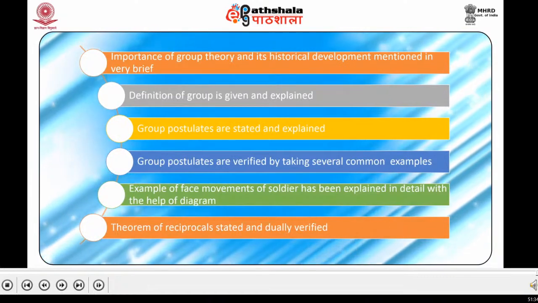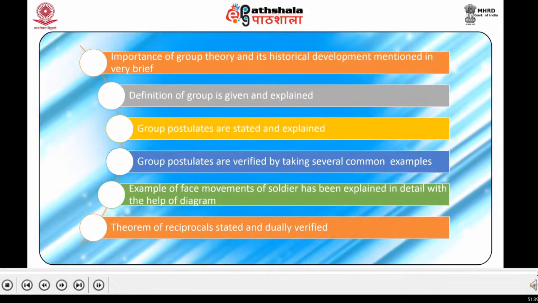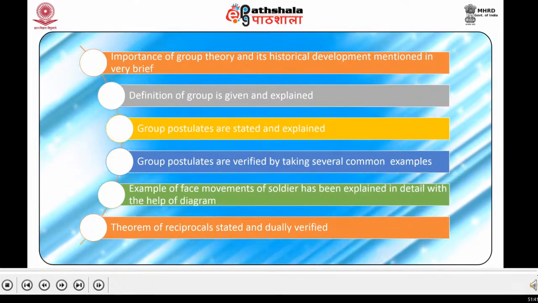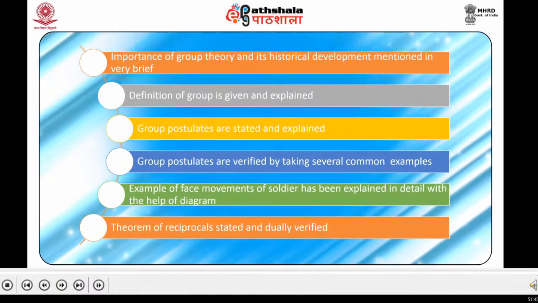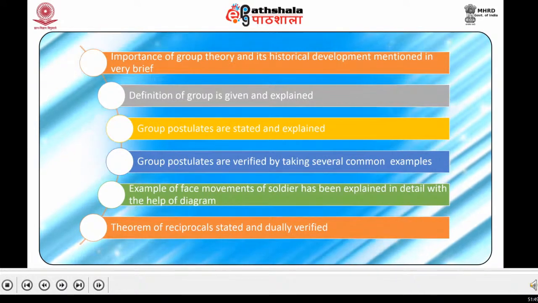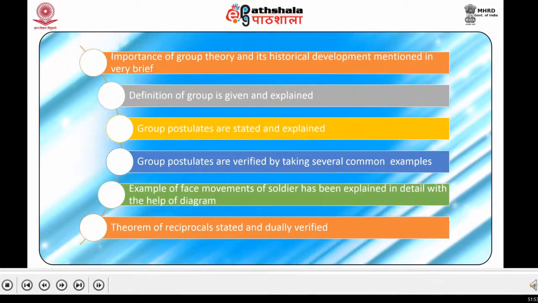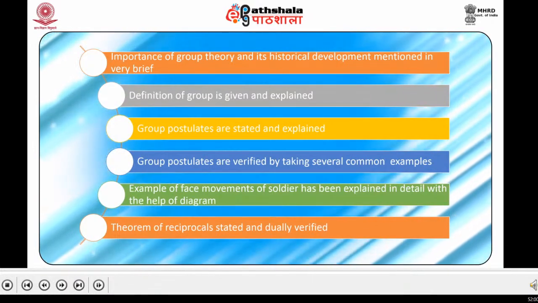Now, in this module, we have learned about the importance of group theory and its historical development, mentioned very briefly. The definition of a group is given and explained. Group postulates are stated and explained. Group postulates are verified by taking various common examples.